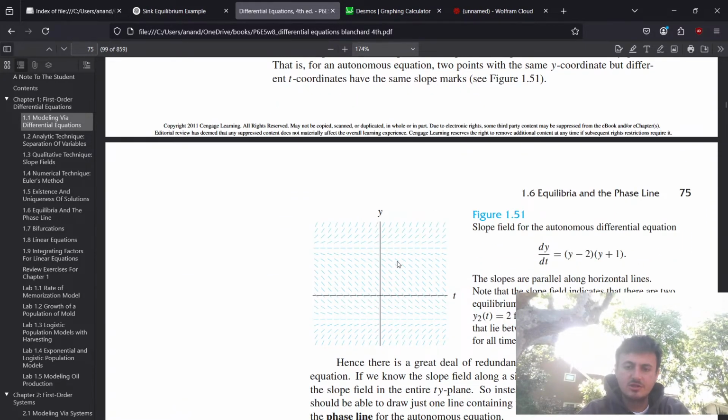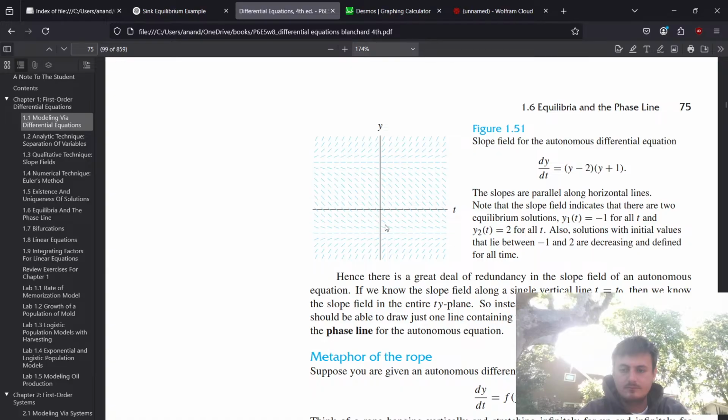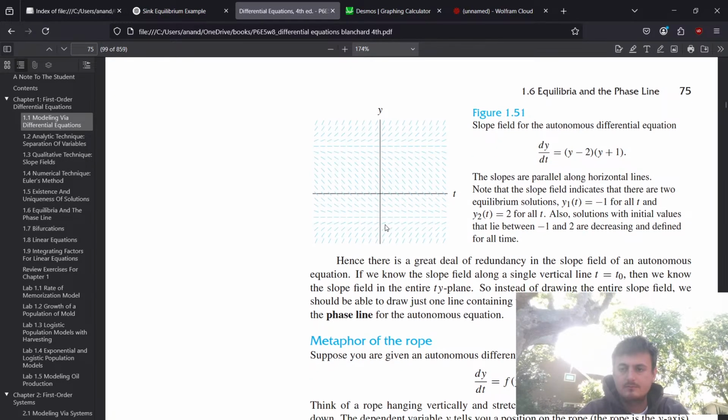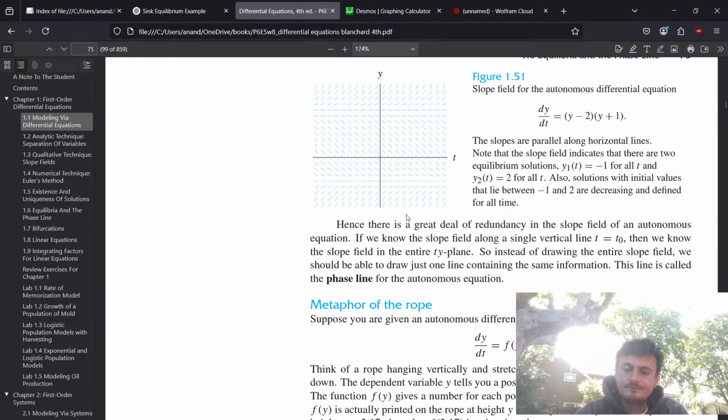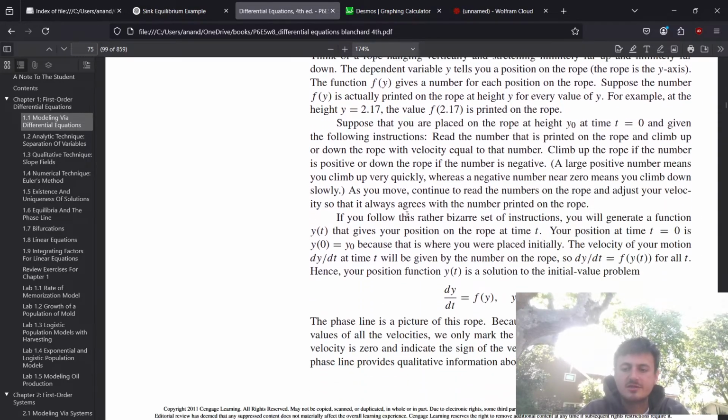Okay, so here's the slope field for an autonomous differential equation, and you can see that for any horizontal line, the slopes are all equal. So because of that, you can just draw one line. Okay, this rope metaphor was so dumb.